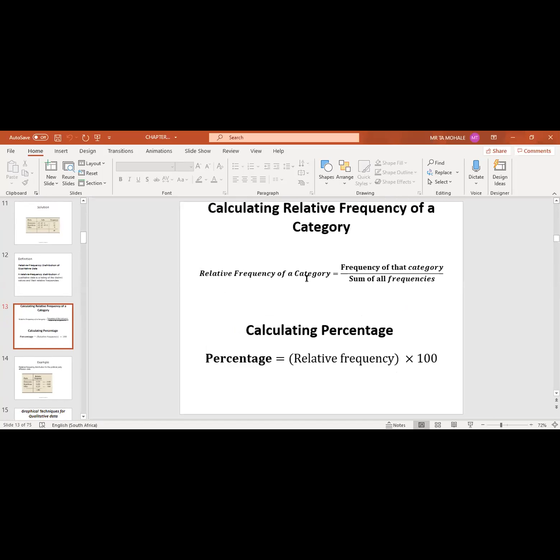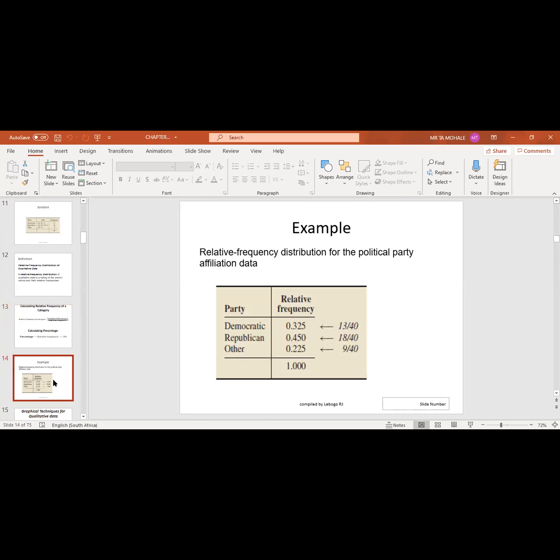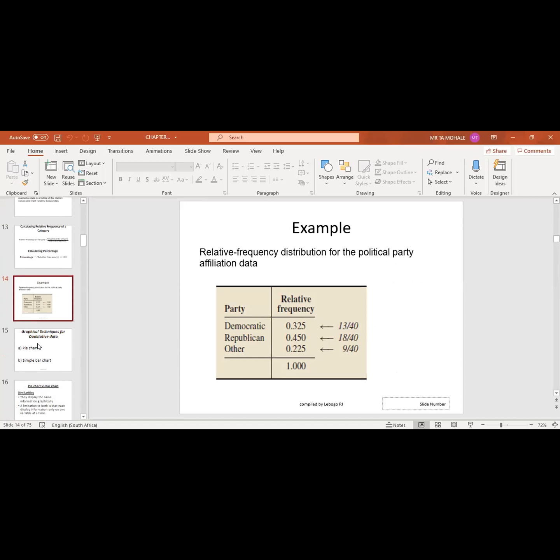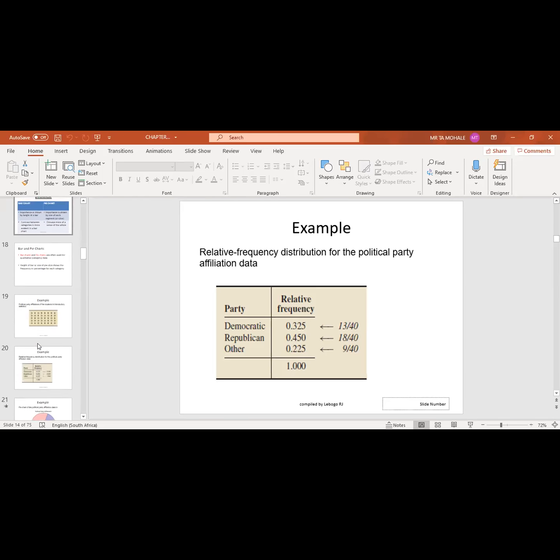I said relative frequency is given by the frequency divided by the n, which is the number of all frequencies. So meaning that if you have, say for instance, it's just that we don't have data here.